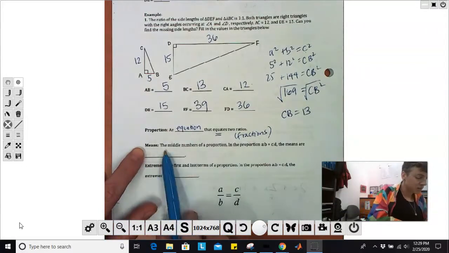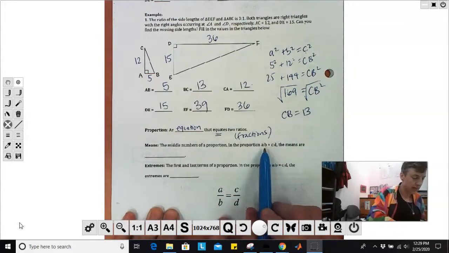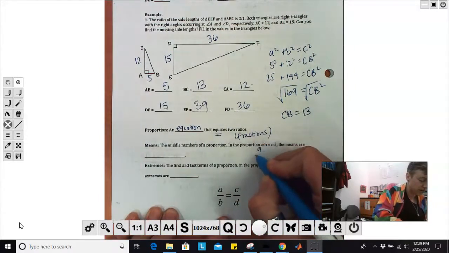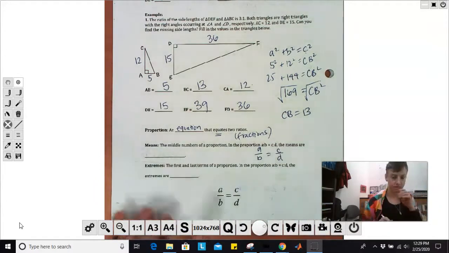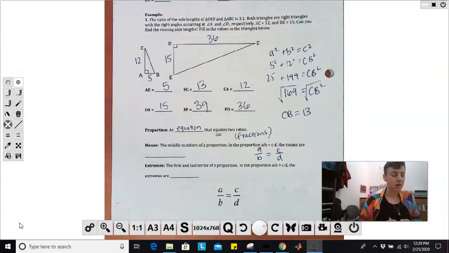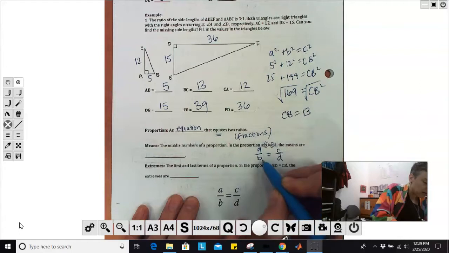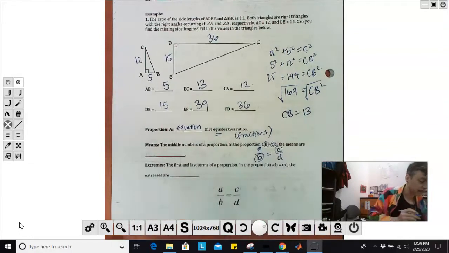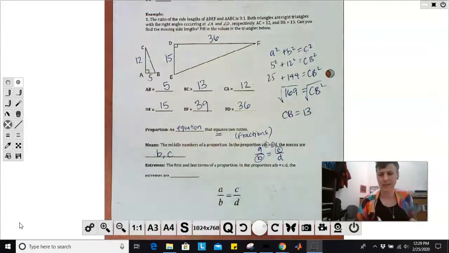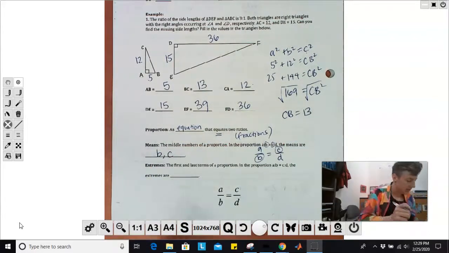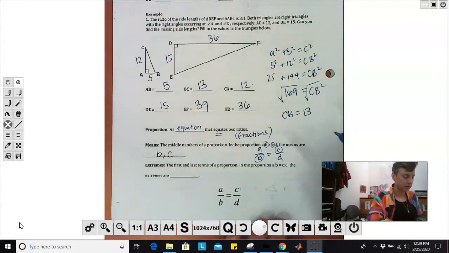The means are the middle numbers of a proportion. So say we have this proportion A to B, which could also be written as A over B equals C to D, also known as C over D. The means are the middle numbers, B and C. I kept saying A and B, I meant B and C. The extremes are the outside numbers, or the last numbers.